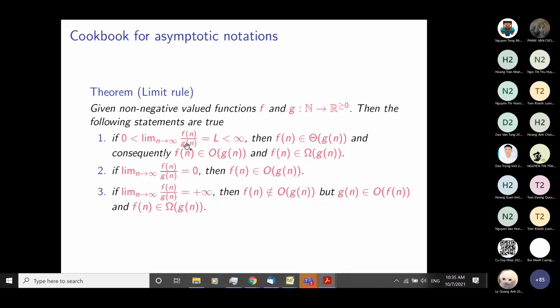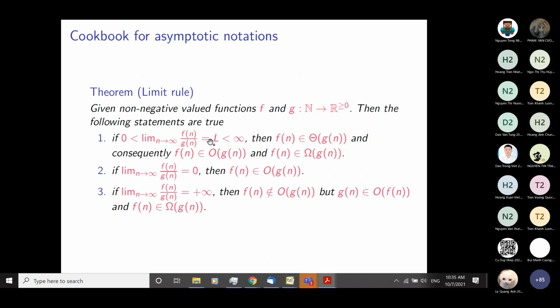So this is going to be your constant to make Gn bigger than Fn. So if the limit of the relationship between Fn and Gn converges to some constant L, then you have the proof that Fn is in theta of Gn. Of course, you have to use the limit rule to prove convergence of this ratio to some constant.